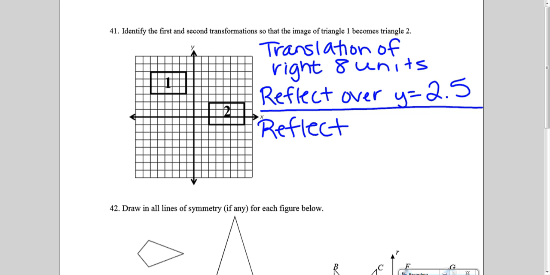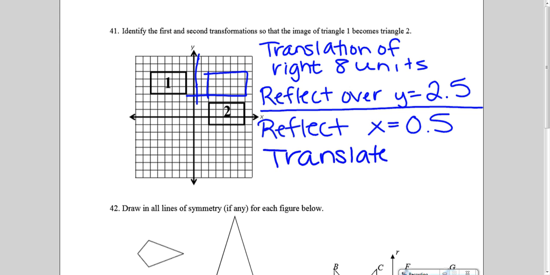We can reflect over the line. So right here, now we're looking here. We can reflect over the line x equals 0.5, this line right here, in which case we end up here. But then we still have to translate down.